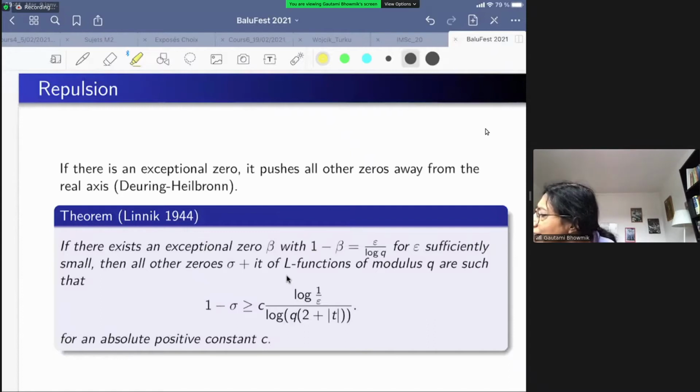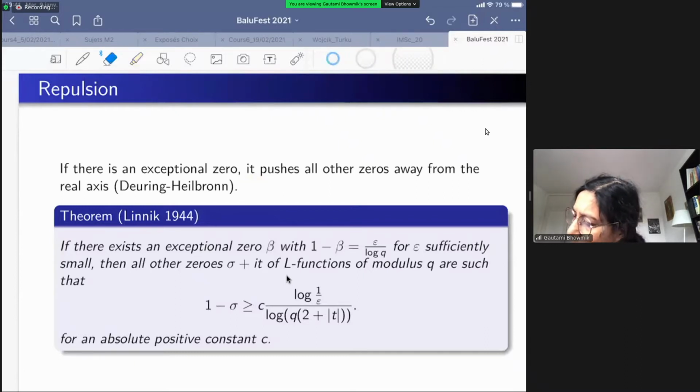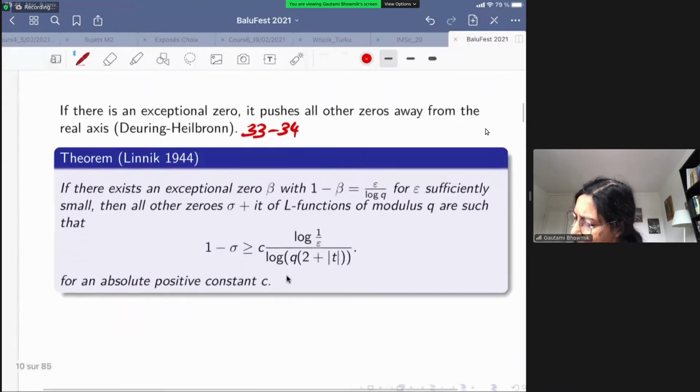This is a restatement of about 10 years later by Linnik, because Deuring-Heilbronn, I think it was in 1933 or 34. So this is about 33, 34, and then it is about 10 years later that Linnik stated this.